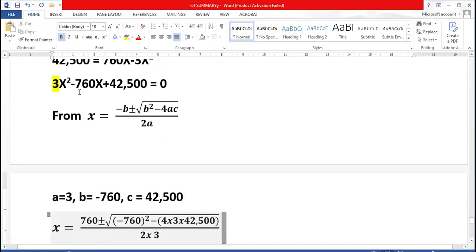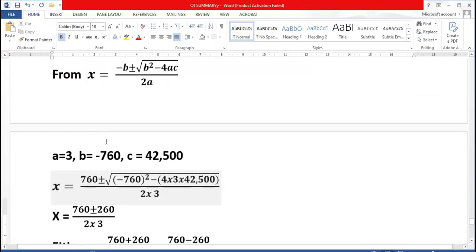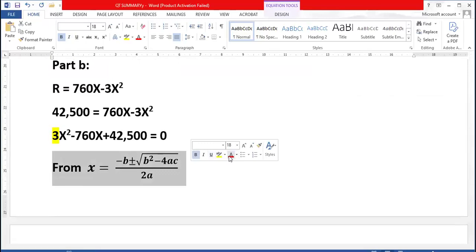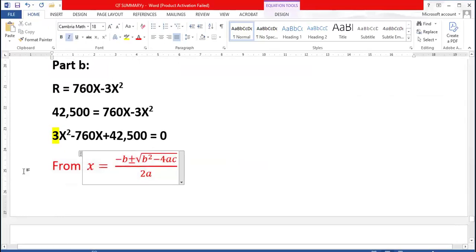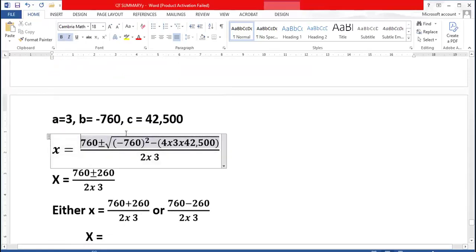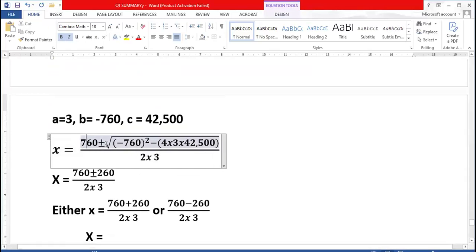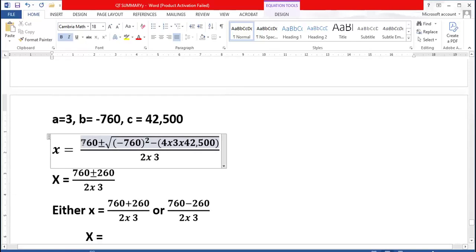Yes, B was negative. But do you see what you have in the formula? You have negative B in the formula. So when you substitute a negative, you get a plus. You get it? That's why I'm not putting a negative. Is it clear now? Yes, it is. Thank you.